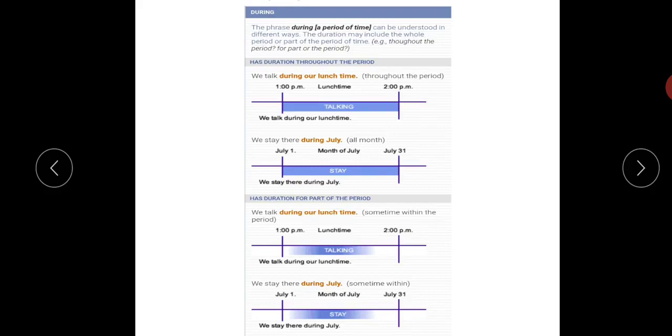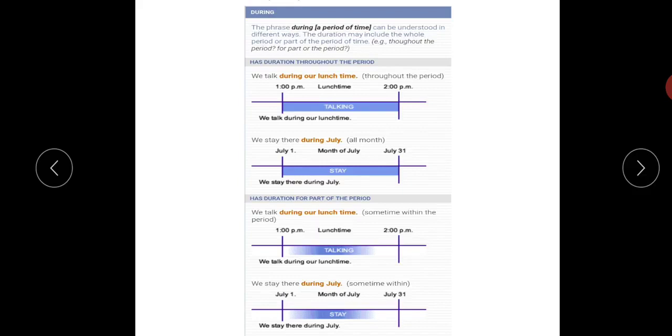ஸோ அதே தான், we stay there during July. July means from the day 1 to the last day of the month is July. You understand? All month. அதில் நம்ம என்ன செஞ்சுருக்கோம்?